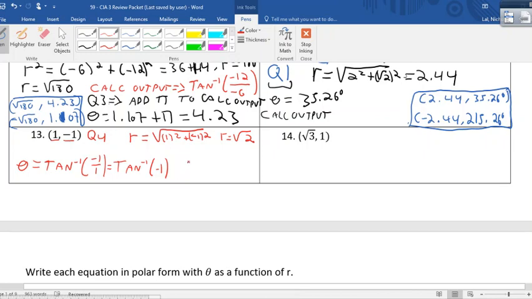So theta is going to be equal to negative pi over 4. Another representation for negative pi over 4 is 7 pi over 4.